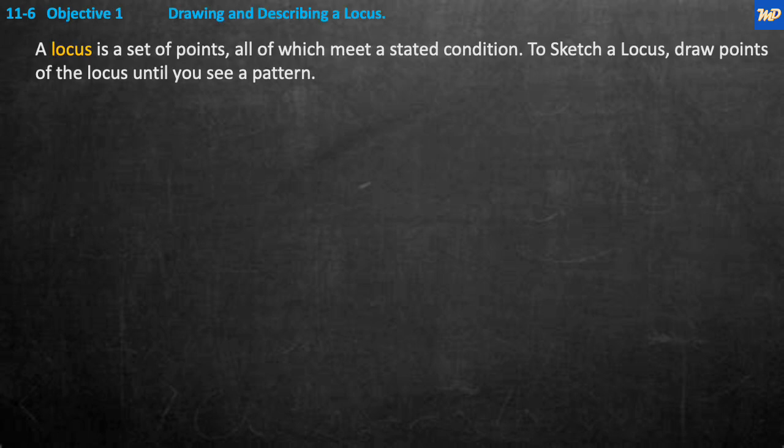Okay, this is objective one, so you'll see that the definition we just looked at is exactly the same as what's written here. A locus is a set of points, all of which meet a stated condition. To sketch a locus, draw the points of the locus until you see a pattern. So you're going to be putting points down at a certain distance from a spot or a line, and eventually you're going to draw enough points and say, oh, I see what I'm drawing.